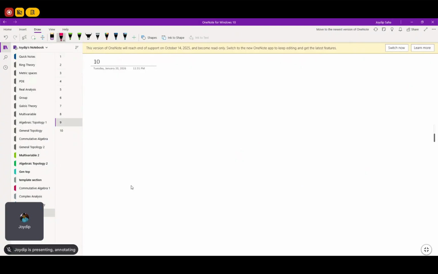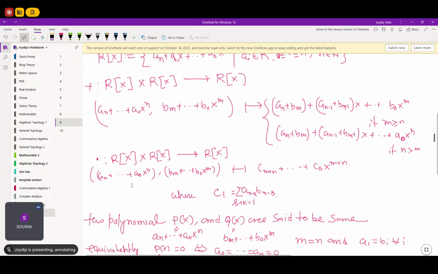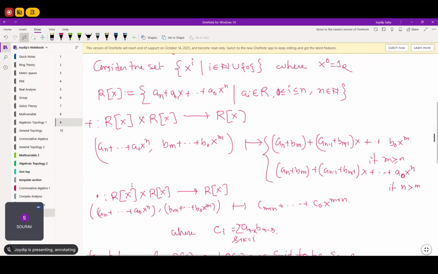Our ring R was always commutative, so can we define the polynomial ring Rx for any ring R with unity? I mean, can we do these things for any ring? Or you can define it.